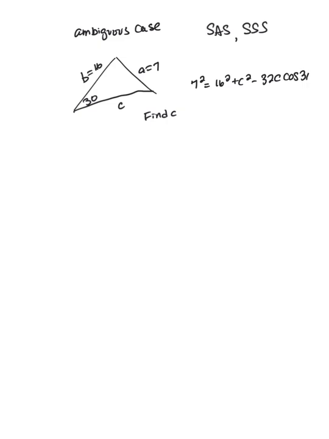of 30. Okay, when you go to do this, what's going to happen, all right, you'll end up with negative 207 on the left, equaling c squared minus 27.7128c.